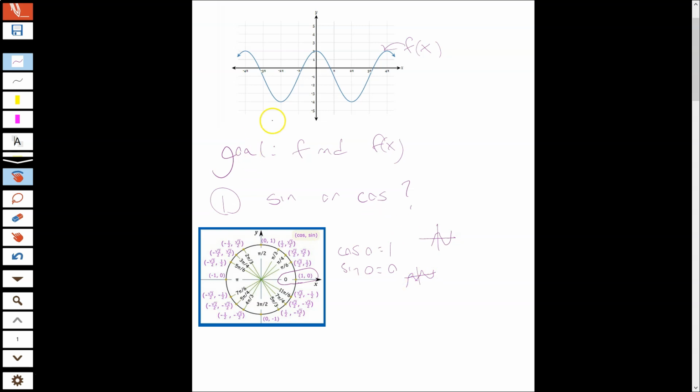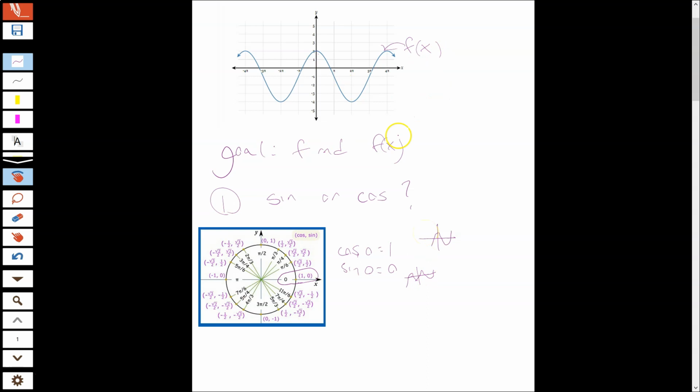Okay? So for our particular graph, notice it doesn't go through the origin, and it has this peak here. So this peak here at the origin tells us that cosine is a good starting spot. Similarly, if I had this middle piece at x equals 0, I would use sine.